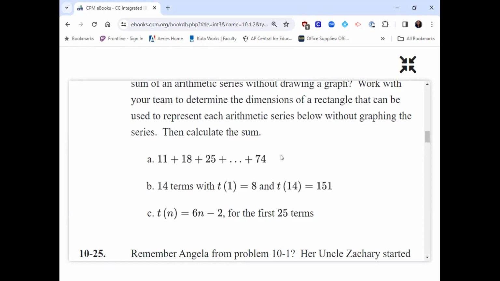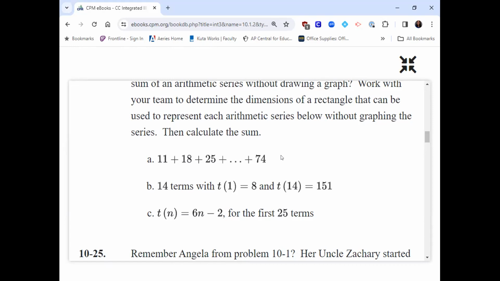N is the last one. I'm done. How are we doing?